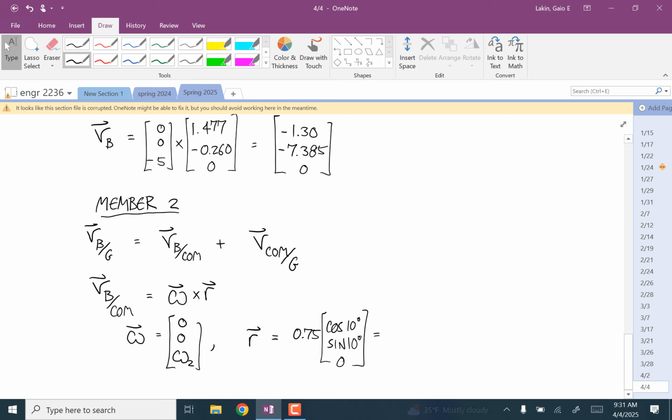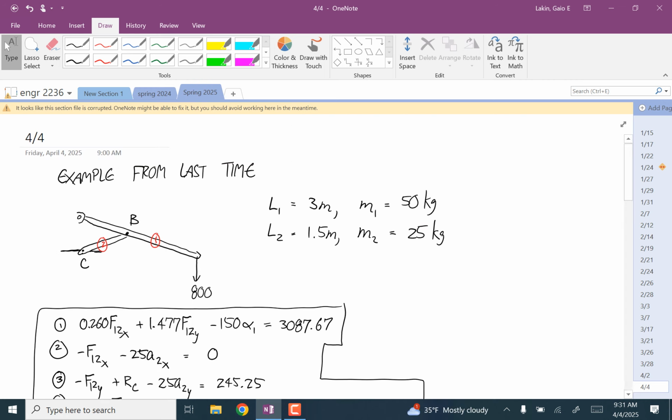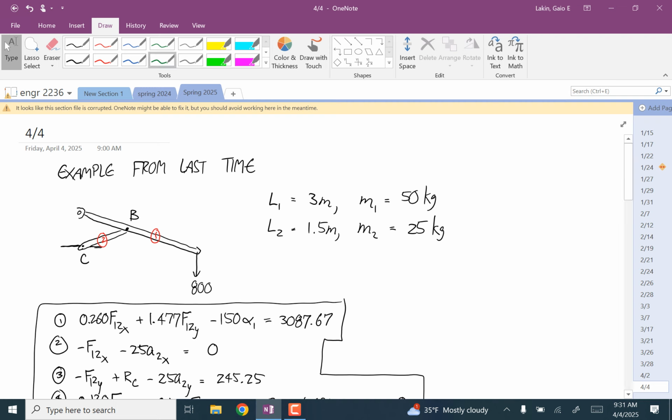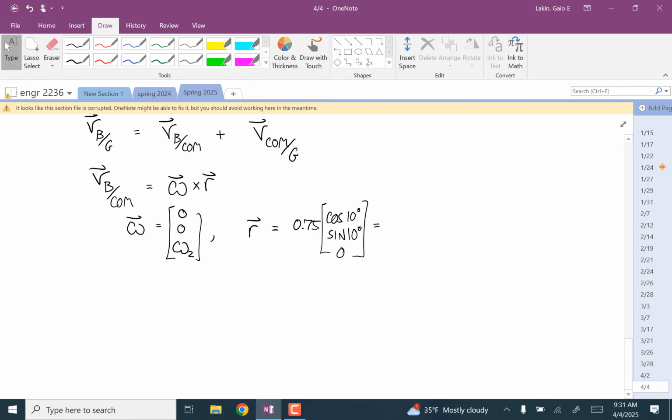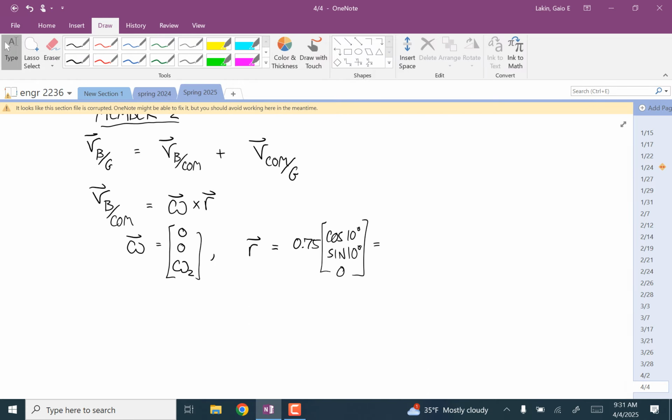But why do you use positive 10 versus negative 10 on that? Because this is a new body now, so you just have to think about what these... Oh, this is member 2, so it's right. So we're going from the center of mass of 2 up to here. Okay. And so that's 0.739, 0.1300.